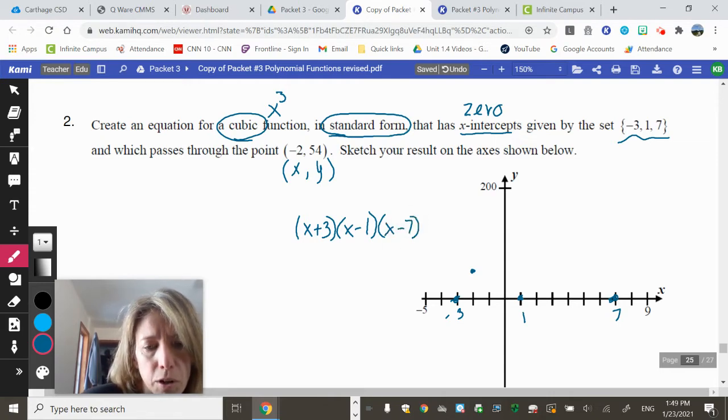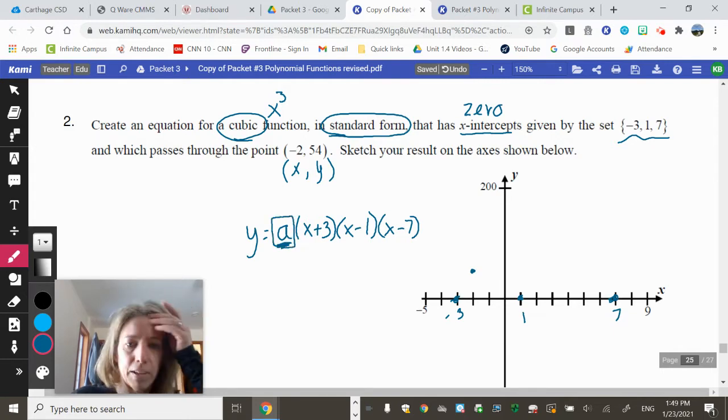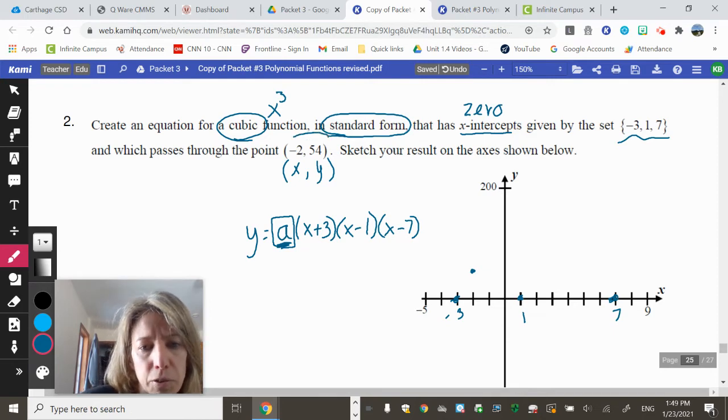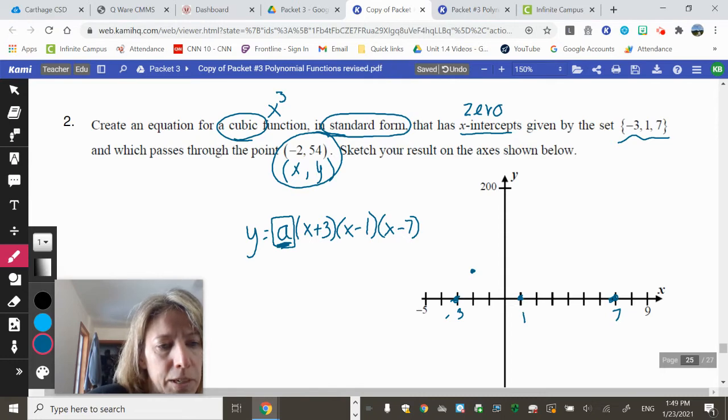But we don't know this lead coefficient, which we call a. So we need to find the specific a value. This is our job throughout this whole lesson: to find the a value that makes this polynomial graph go through this specific point. So in this lab, we need to solve for a.